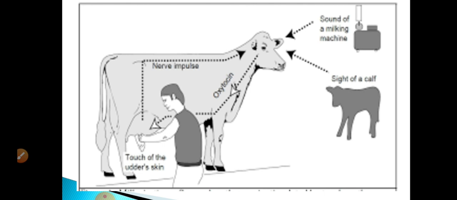And even the touch of the milker to the udder also gives the stimulus for the release of oxytocin, and due to oxytocin milk ejection takes place.